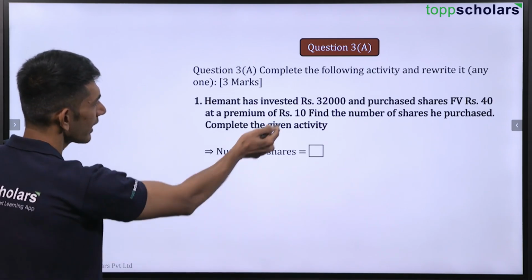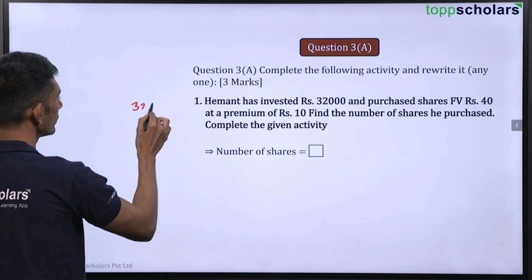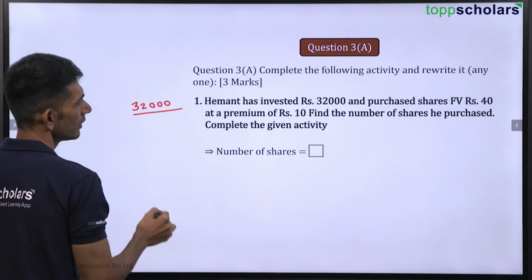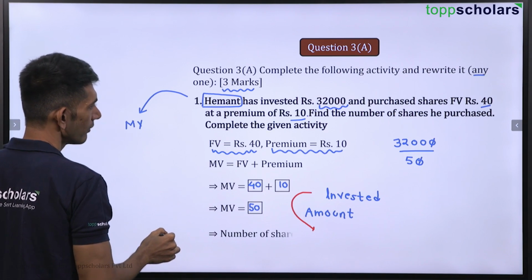And then they are asking the value. So 32,000 divided by 50.